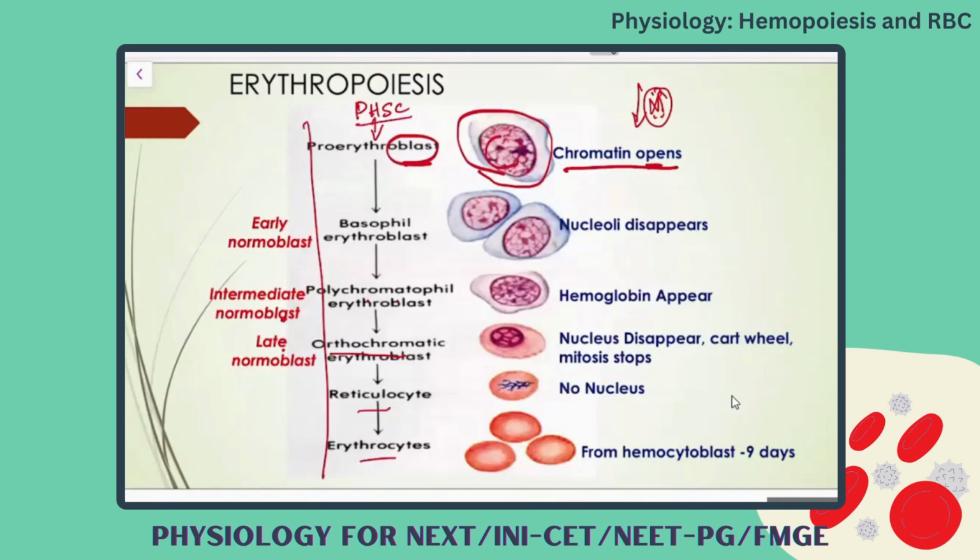Next one is basophil erythroblast. Basophils are basic and they will remain blue in color. That is called basophil erythroblast. If you see, the cytoplasm is bluish. That is called basophilic. Eosinophilic means it will remain pinkish.